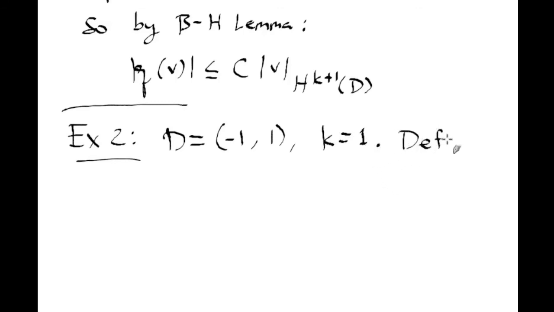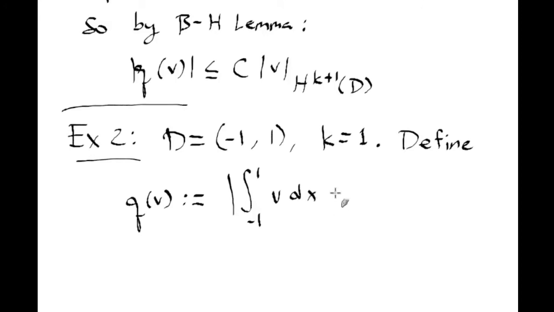And we're going to define our functional. Q of v is going to be the absolute value of the integral from minus 1 to 1 of v, minus 1 half times v of 1 plus v of minus 1.